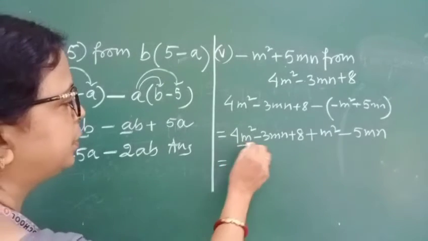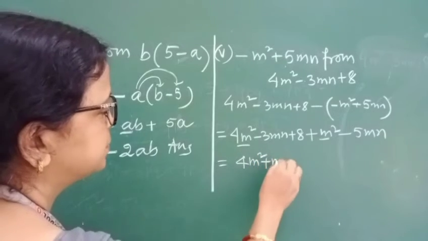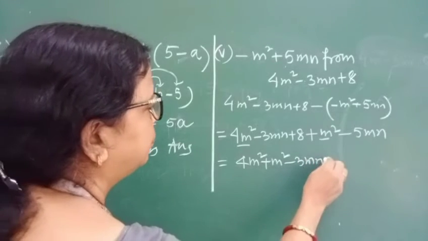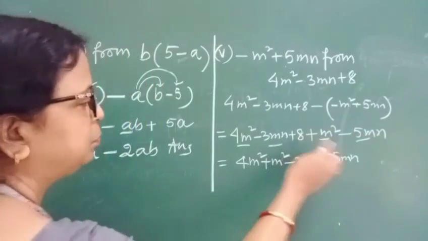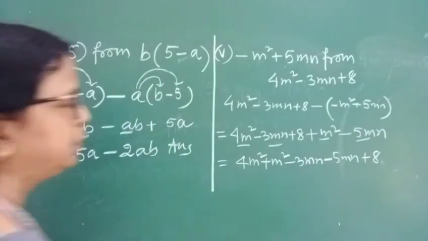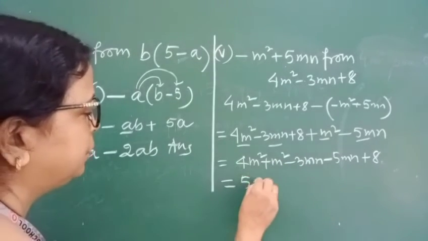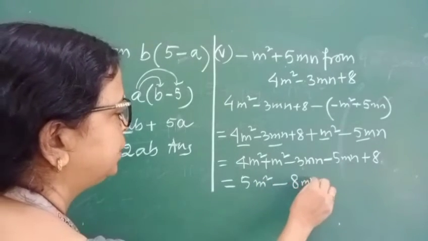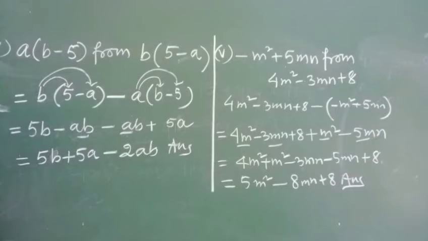Now arranging them according to their like terms, 4m square plus m square, minus 3mn minus 5mn, and plus 8, the only constant term. So 4m square plus m square is 5m square, minus 3mn minus 5mn is minus 8mn, and then plus 8. Okay, I hope whatever we have explained you understood.